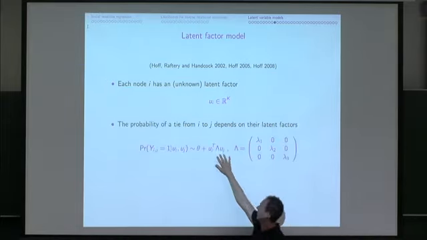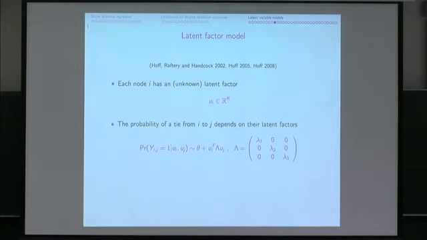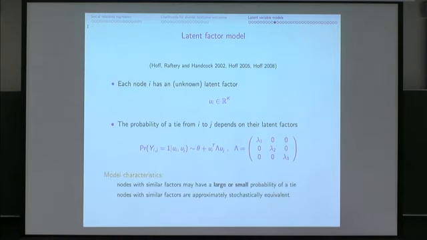You can recognize this as looking like an eigendecomposition of some latent matrix. And if you know about eigendecompositions, you know that every matrix has an eigendecomposition. So you should start thinking that maybe this is a very flexible type of model. And it is. So nodes with similar factors could have a large or small probability of ties depending on whether you have positive and negative eigenvalues.